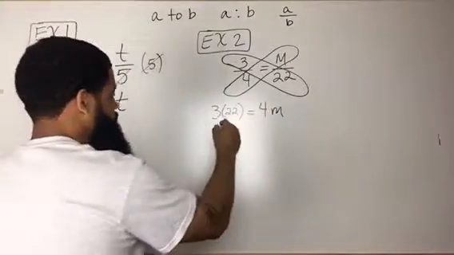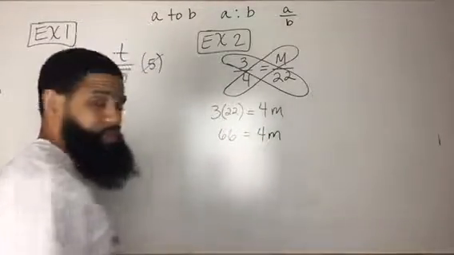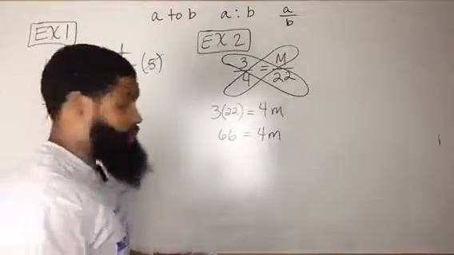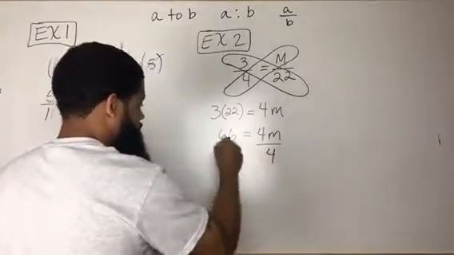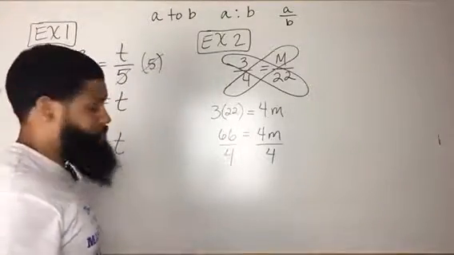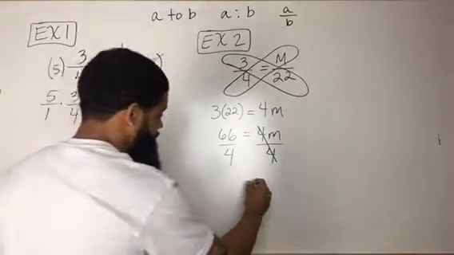Now, this gives me 66 is equal to 4 times M, and I need to get M by itself. So if I divide by 4 on both sides, divide by 4 there, divide by 4 there, this is going to give me my solution. Now remember, 4 divided by 4 is 1. 1 times any number is that number.